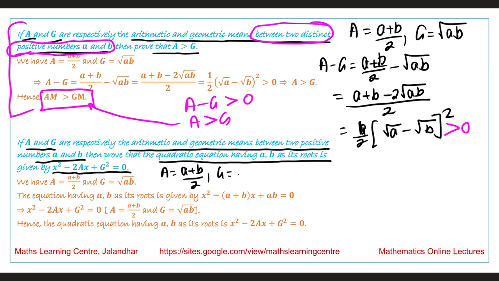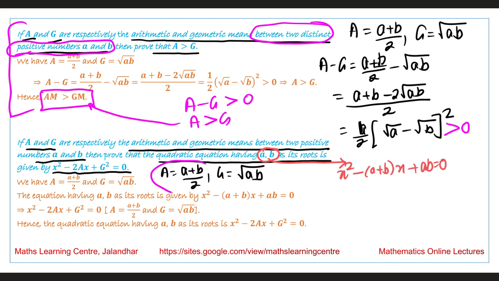The value of G is the square root of ab. Now we have to prove the quadratic equation with a and b as its roots. So if a and b are the roots of the quadratic equation, then the quadratic equation will be x square minus the sum of the roots x plus the product of the roots is equal to 0.